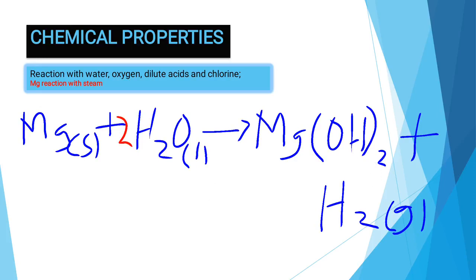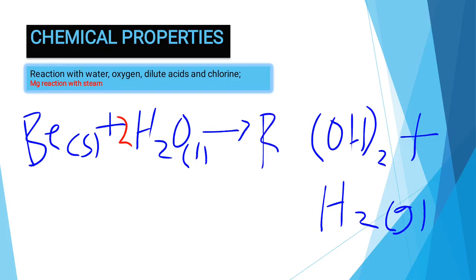If you are going to write the equation now for barium reacting with water, nothing different will change. In place of magnesium, we will have barium, and we also replace magnesium here with barium.